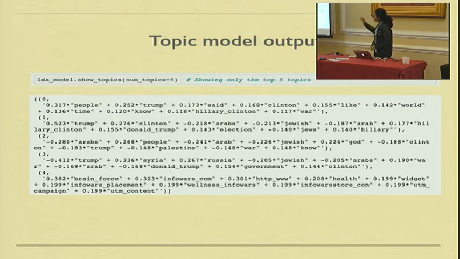The first part of the tuple, for example 0, is the topic number, and the list of words defines the top words in that topic, and the number multiplied in front of them is the weightage of that word. For example, in the first tuple, topic 0 has 0.3 weightage of the word people, 0.2 of Trump, and so on.